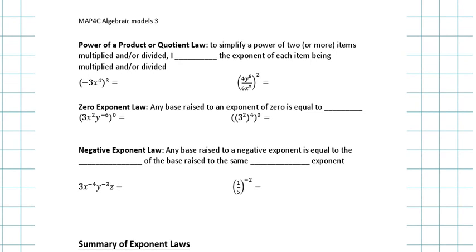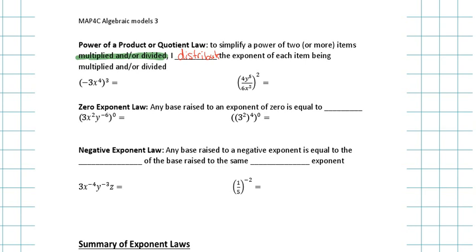Okay. So power of a product or quotient. To simplify a power of two or more items multiplied and/or divided, this is where you have to be careful. This is only applied if your base is being multiplied or divided. Then I distribute the exponent to each item being multiplied and/or divided.